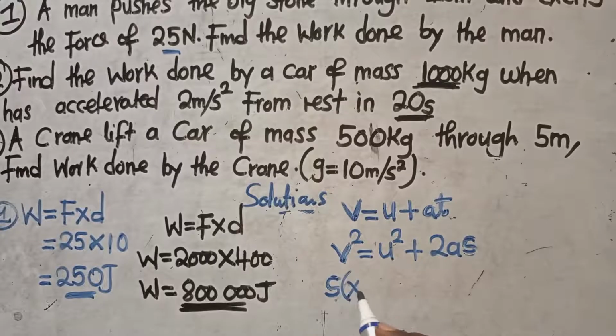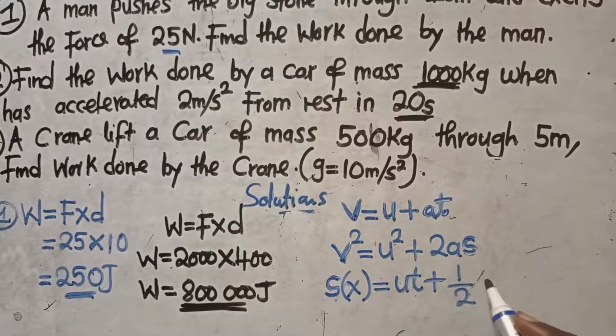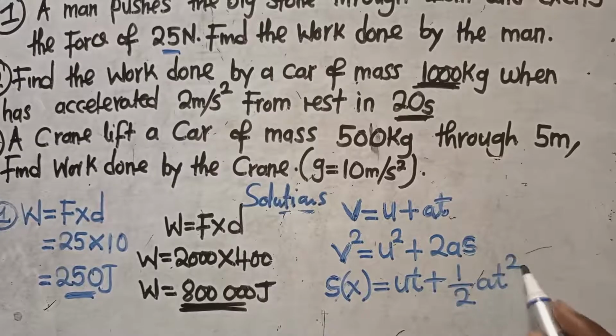S or X is equal to UT plus 1 over 2 AT squared. These are what we call three equations of linear motion. So you need to make sure that you know all these things.